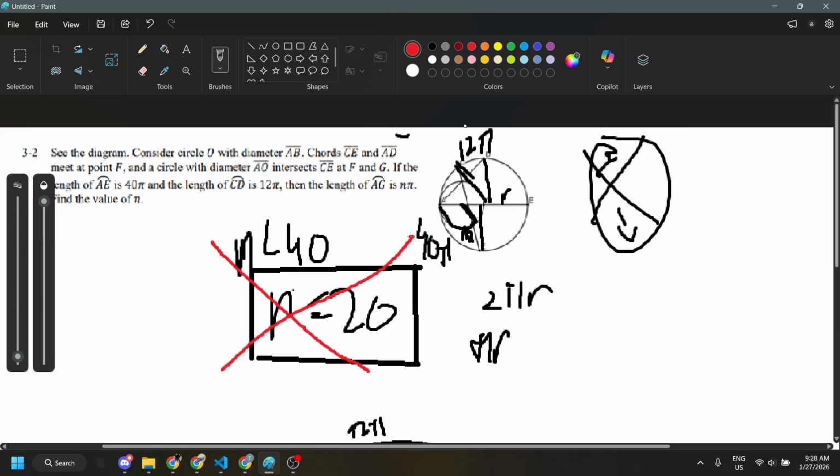Then R times the angle of AFE equals something else. I have no idea how they got this.